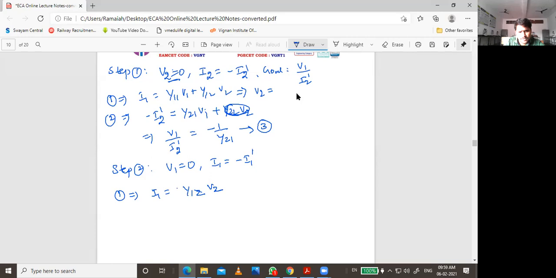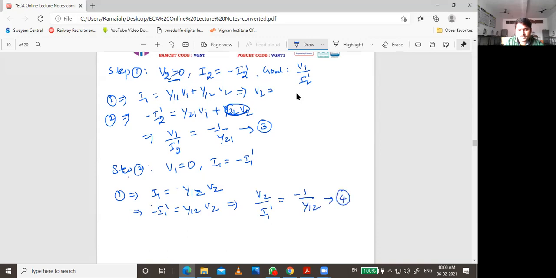Then we want V2 by I1 dash. Here minus I1 dash equal to Y12 V2. So V2 by I1 dash is equal to minus 1 by Y12.